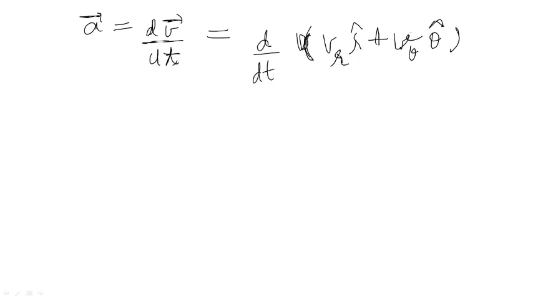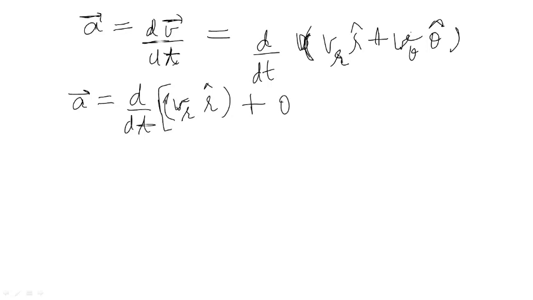You can write your acceleration a in terms of the polar coordinates, like d over dt of vr unit vector r plus v theta unit vector theta.